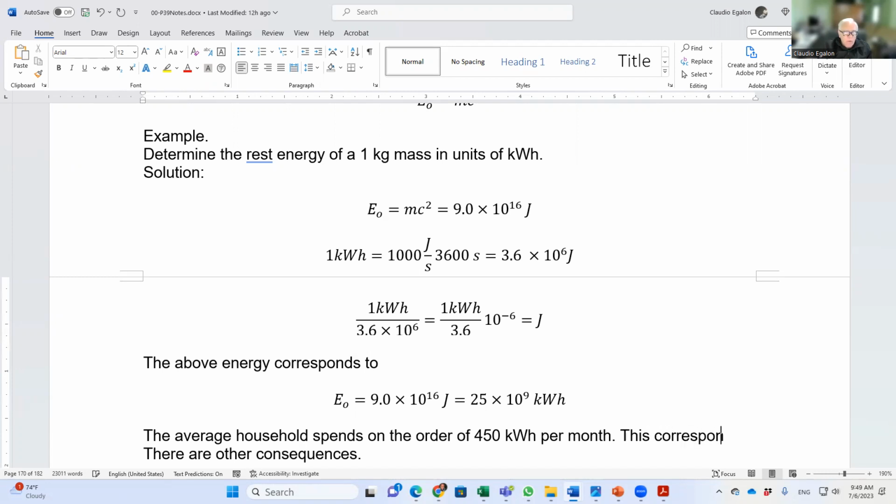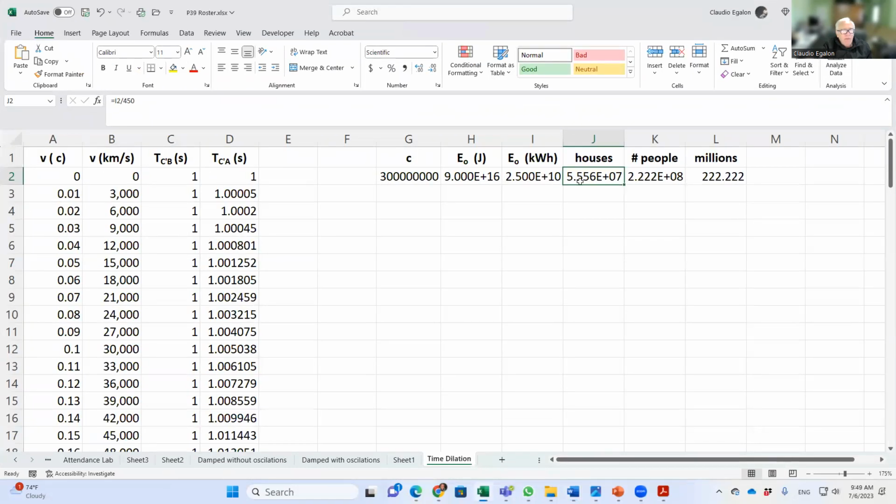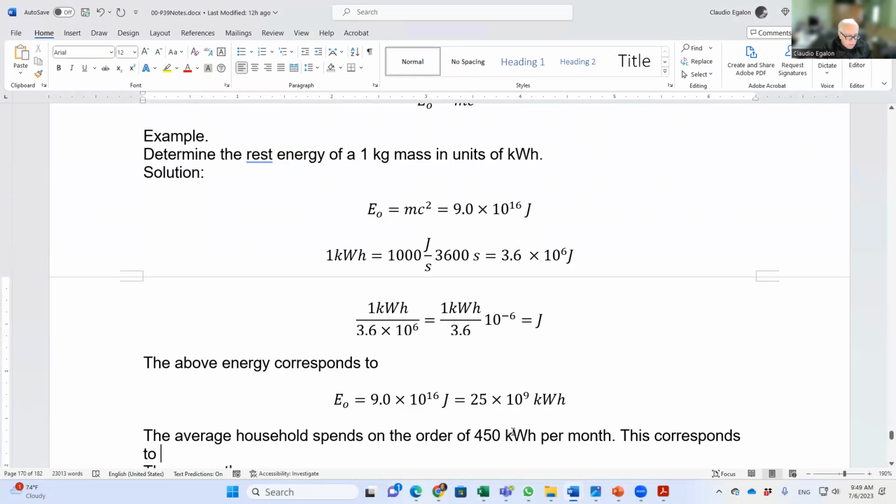This corresponds to 55.6 million households, houses.